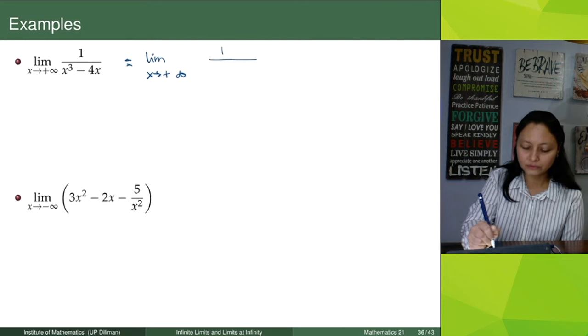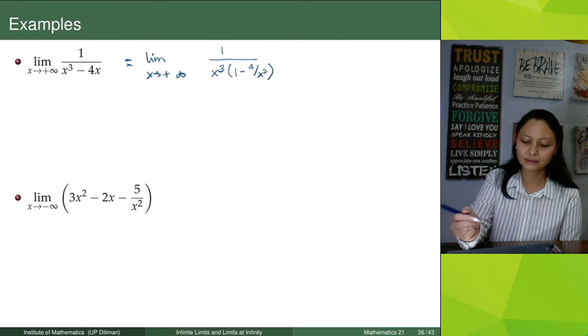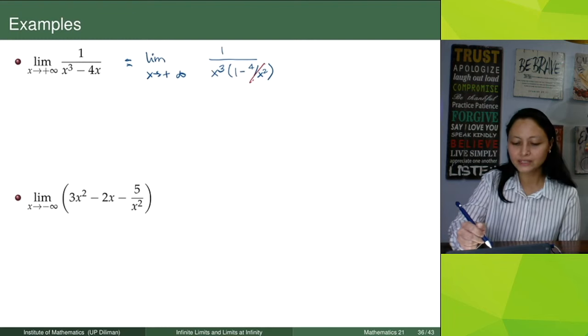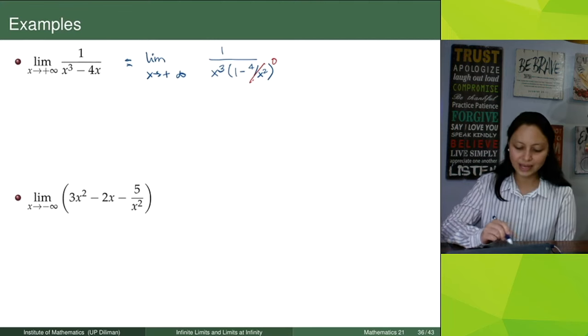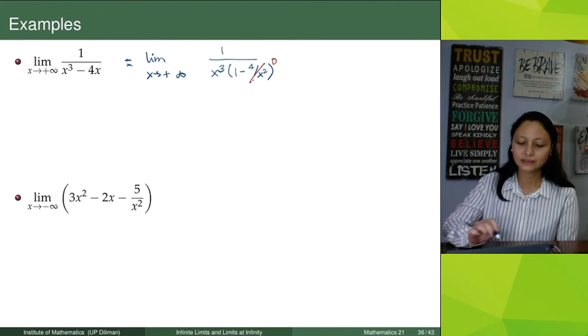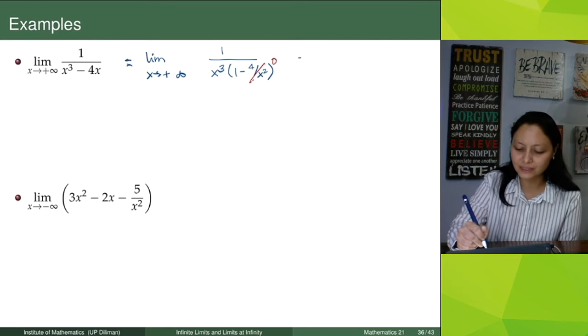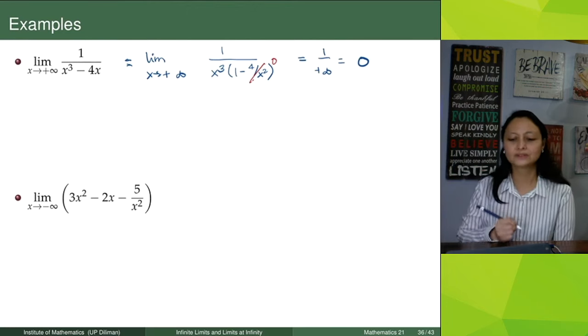So, 1 over, factor out natin yung x cubed, 1 minus 4 over x squared. Okay? So, this part, ang limit ng 4 over x squared as x approaches infinity is 0. So, you just have limit of 1 over x cubed as x approaches positive infinity. This is 1 over positive infinity, which is equal to 0.